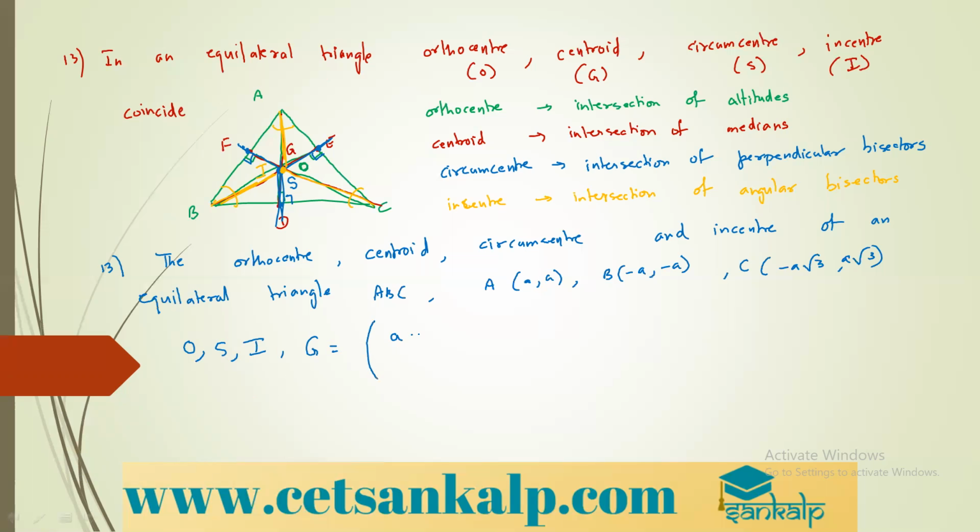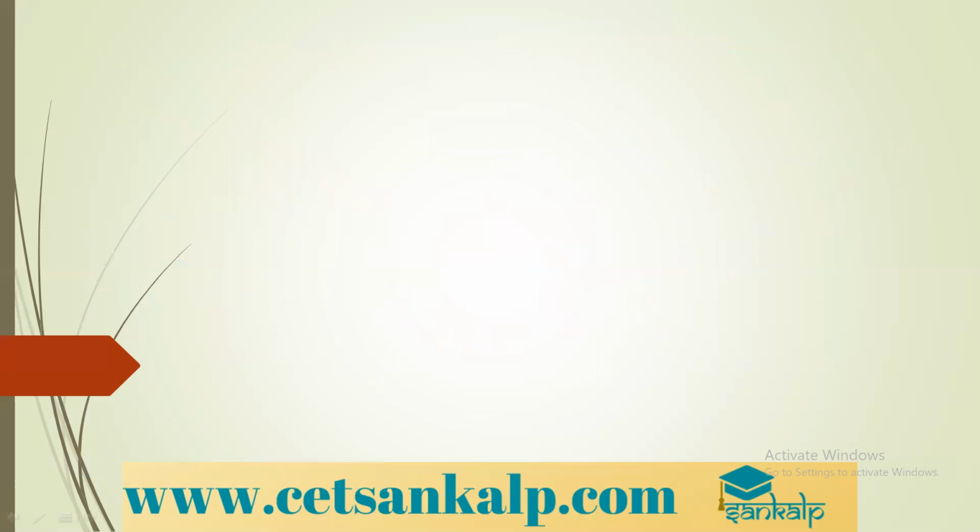So (x1 plus x2 plus x3) by 3, (y1 plus y2 plus y3) by 3. So a and minus a cancel. You are left with (-a root 3) by 3, (a root 3) by 3. That's the answer for all together.